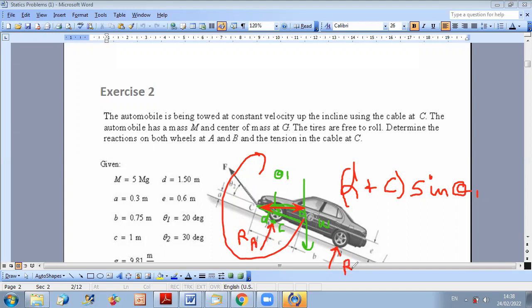Cosine theta, yes. Cosine theta 1, exactly.